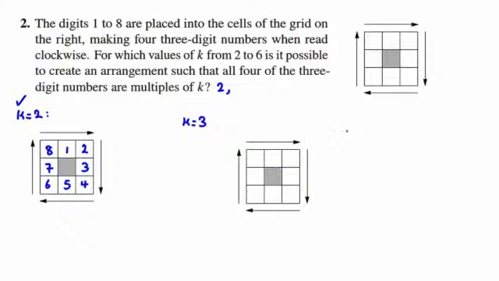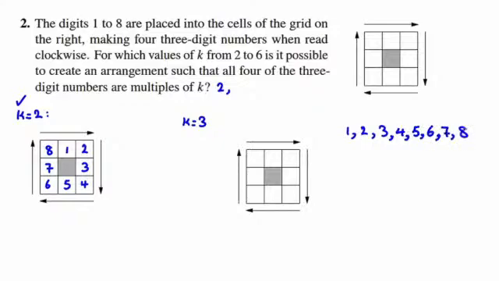So if we consider 1, 2, 3, I think if we place them clockwise like this, it is good. 4, 5, 6, good. 6, 7, good. 8, but this one is not good. Okay, so the last number is not good. 4, 5, 6, 7, 8.